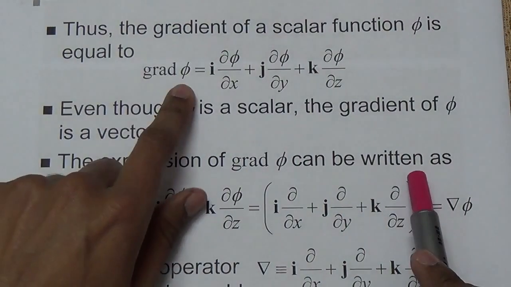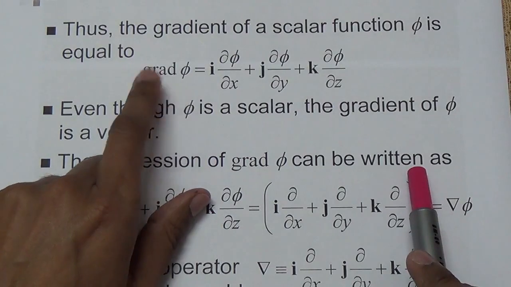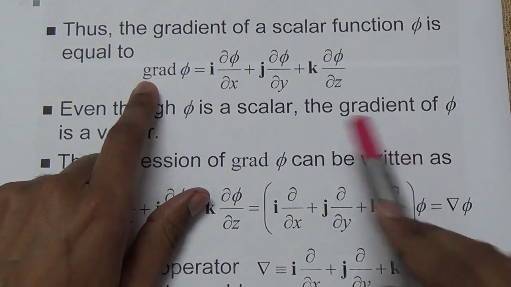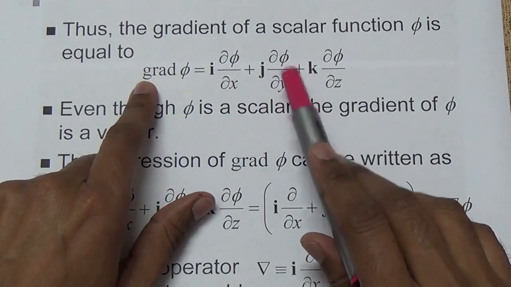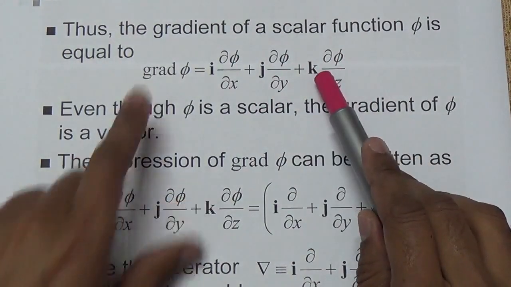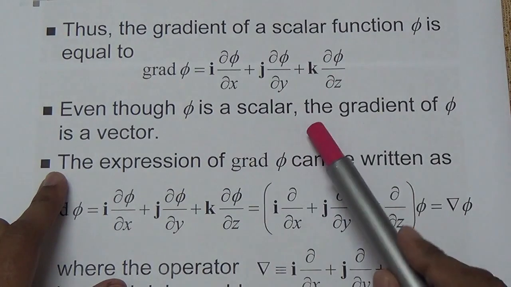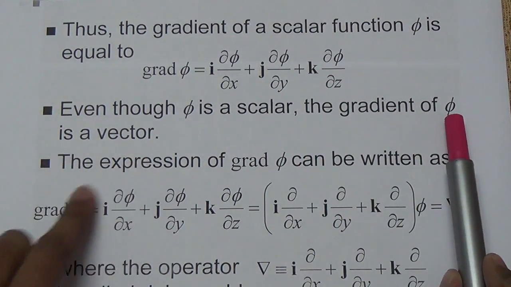Note it, phi is a scalar field function, and when you take the gradient of it, the way of writing is this: del phi upon del x i plus del phi upon del y j plus del phi upon del z k. Even though phi is a scalar, the gradient of phi is a vector quantity.